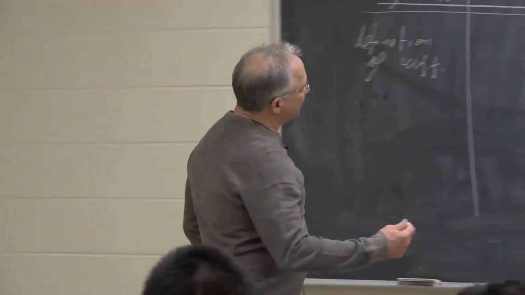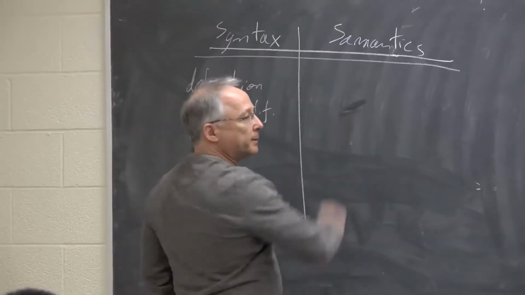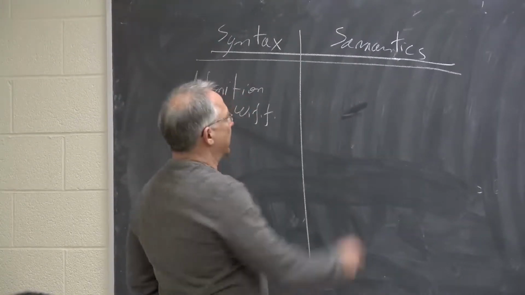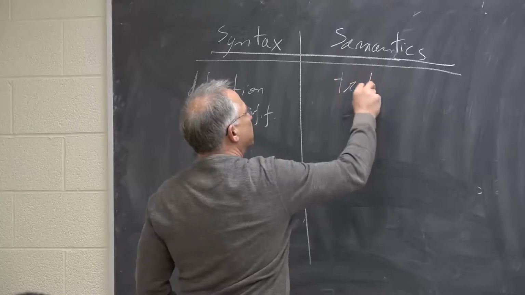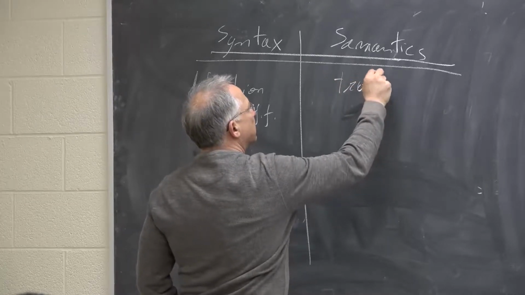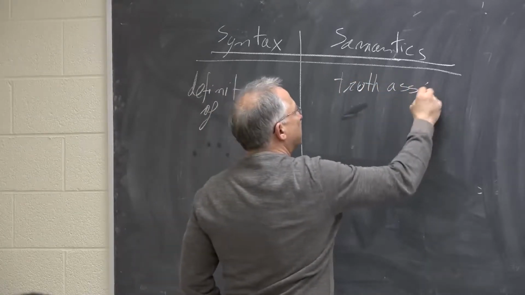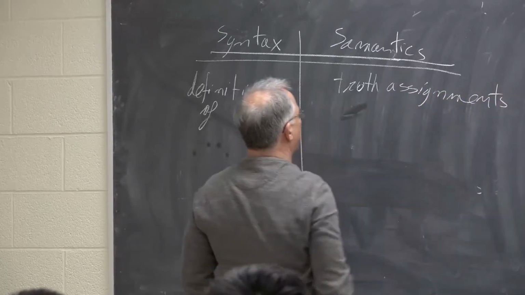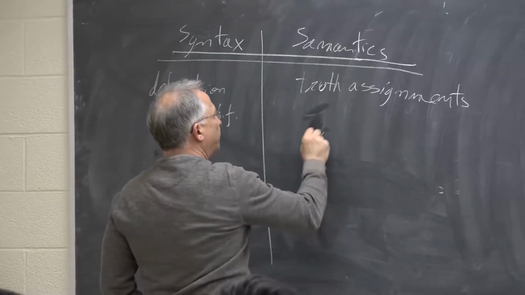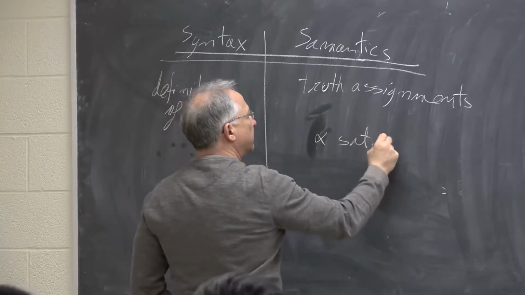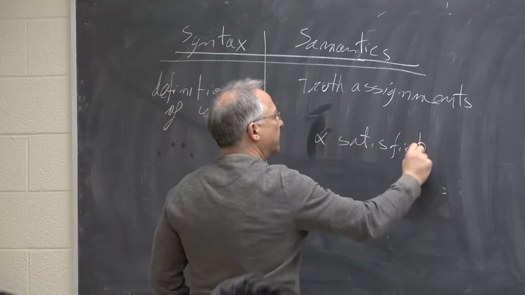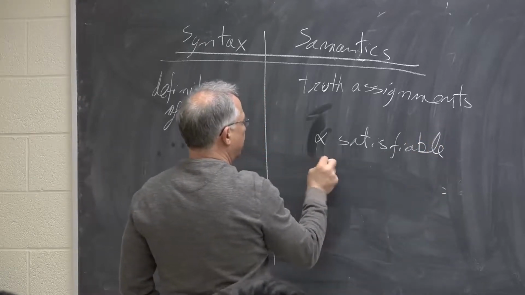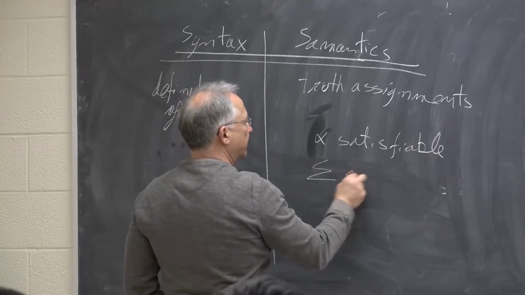And in the semantics, our first step was to talk about truth assignments. And then we have notions like alpha satisfiable, and we extended it to sigma is satisfiable.